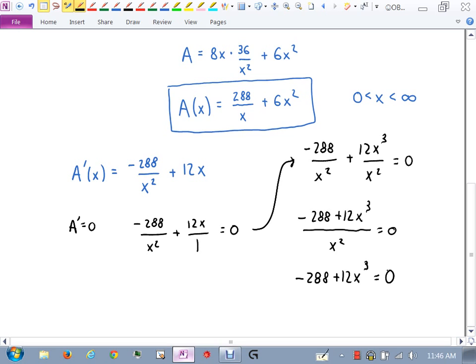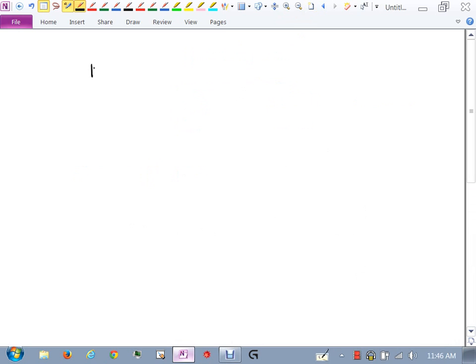That's where you stop. Well, you're just going to get your calculator out, or just leave it as an exact answer. I'll leave it as an exact answer. Did you just get a decimal? Okay, so on the next line I would have had 12x cubed equals 288.